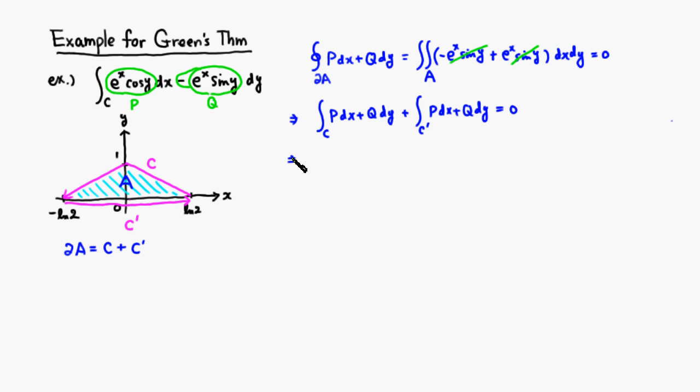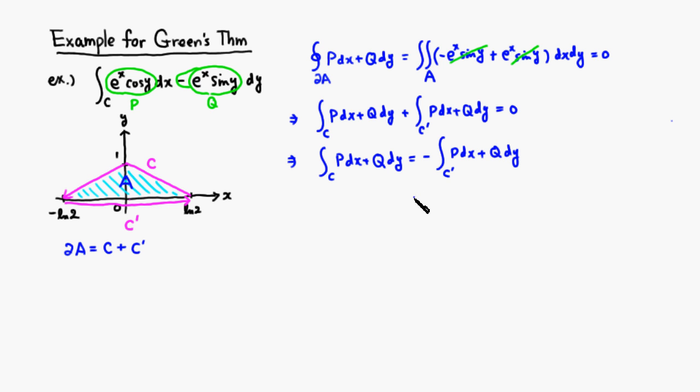So this means that the integral we are looking for can be found by the negative of the line integral along C prime, P dx plus Q dy. Let's see what it looks like there.